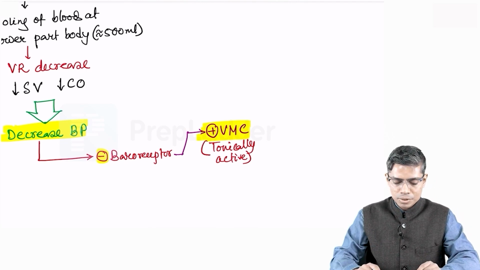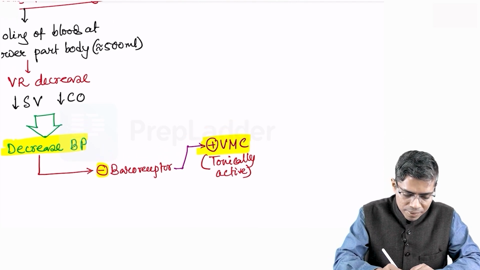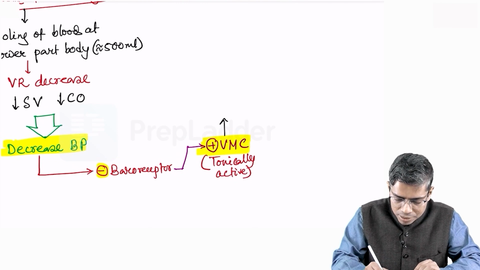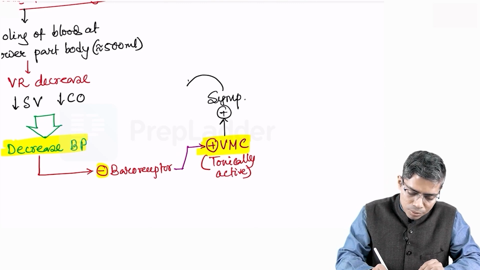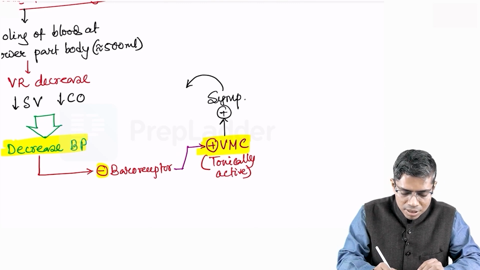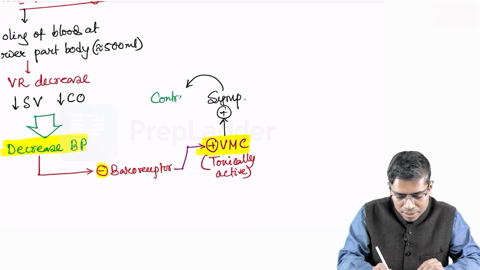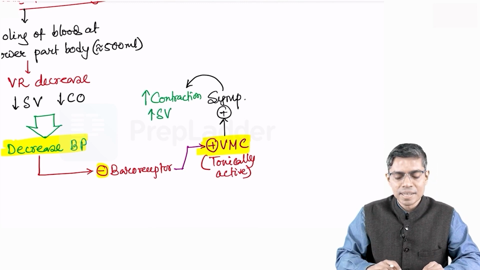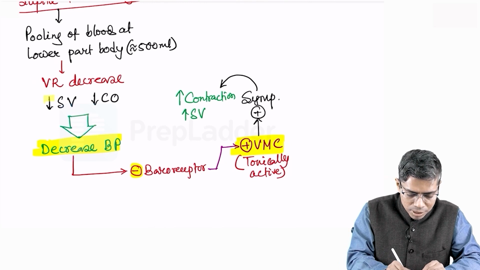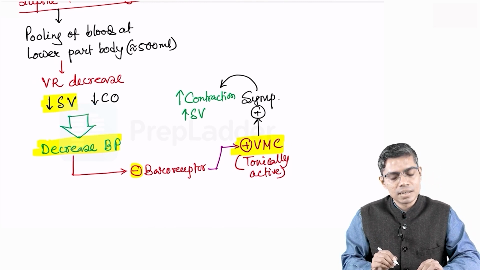So whenever your vasomotor center is active, we know that it is going to activate your sympathetic system. Sympathetic system activation means it is going to increase the force of contractility. So the force of contraction will be high. Force of contraction high means there will be increase in stroke volume, and this stroke volume is going to correct this fall of stroke volume and cardiac output.